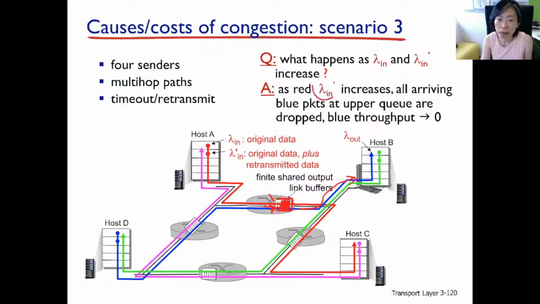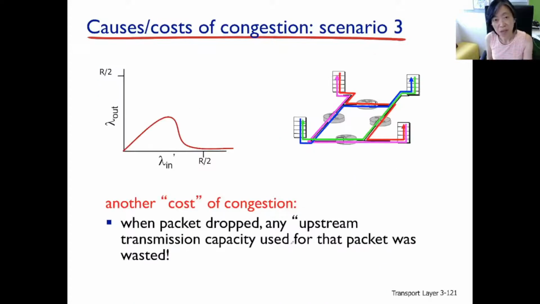So as lambda in prime increases, most of the arriving blue packets at the upper queue here get dropped, and therefore the throughput is very small. So you see right there in scenario 3, the blue flow: when lambda in prime is small, when the network is not saturated and the buffer does not overflow, then the more work we do, the more output we get.